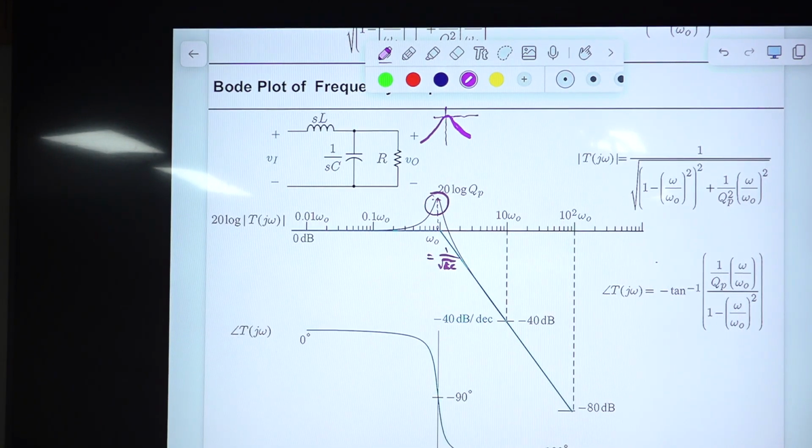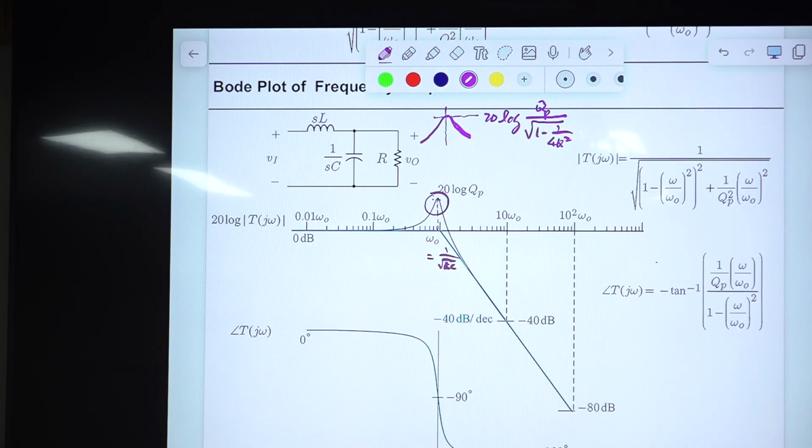the quality factor of this circuit, and the exact magnitude of this one is 20 log QP, and we have something here, 1 minus 1 divided by 4Q squared.